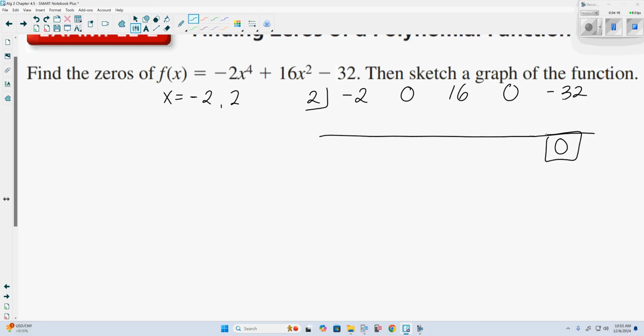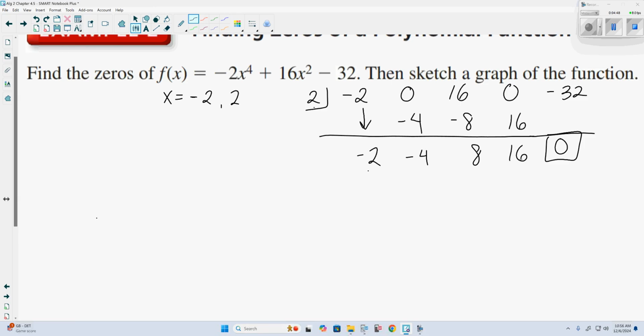So if we do the synthetic division here, bring down the negative 2. Well, 2 times negative 2 is negative 4. Then we add straight down. 0 plus negative 4 is negative 4. 2 times negative 4 is negative 8. 16 plus negative 8 is 8. 2 times 8 is 16. 0 plus 16 is 16.